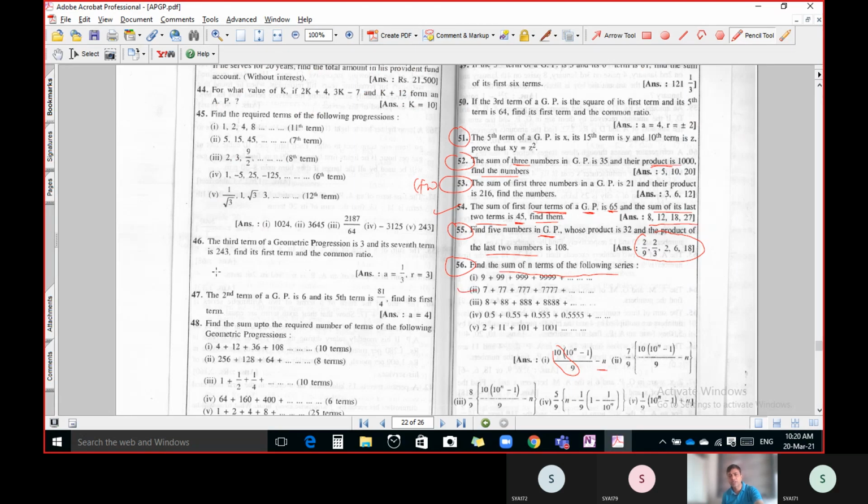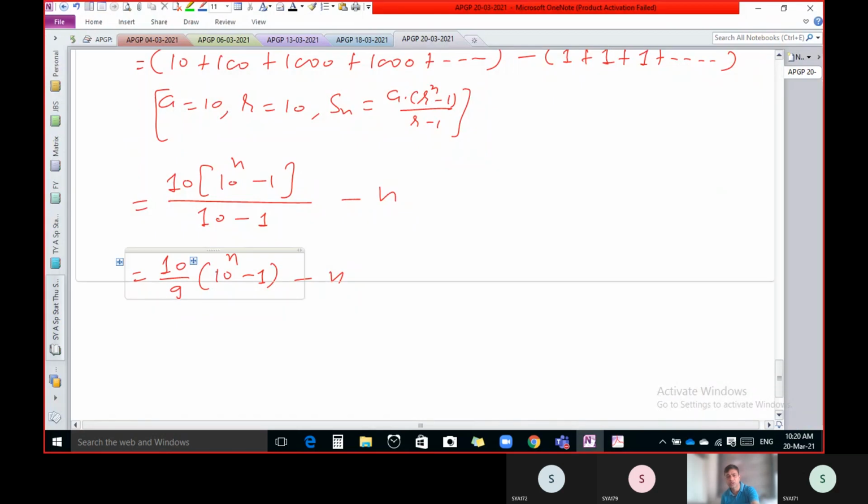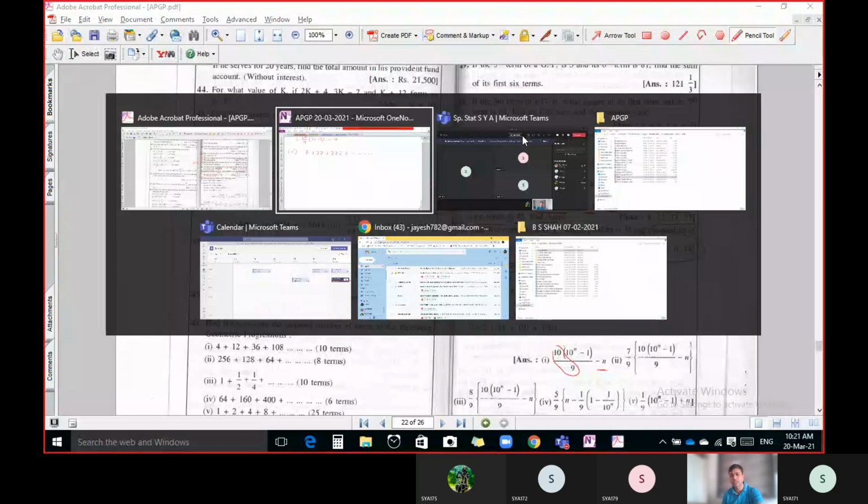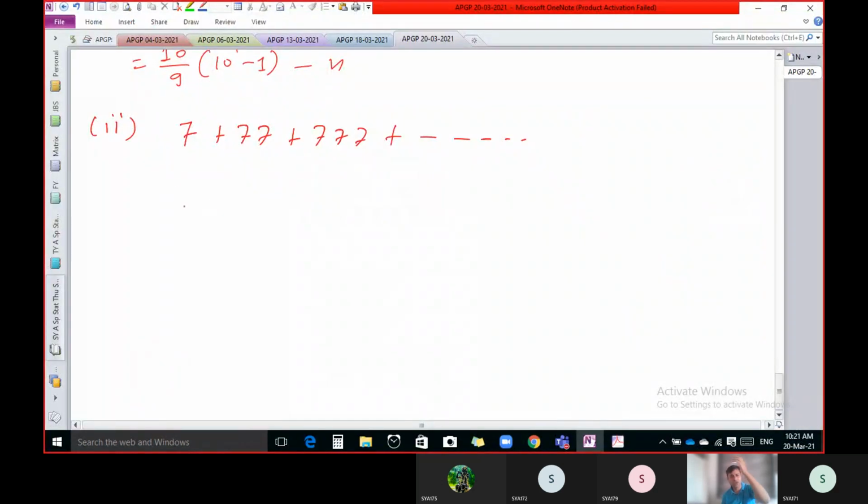Now this is question number 2, 56(2). 7 plus 77 plus 777 up to so on. Now this is also a special question. Here you cannot write 10 minus 3, because here we get 100 minus 23, then 1000 minus 223.